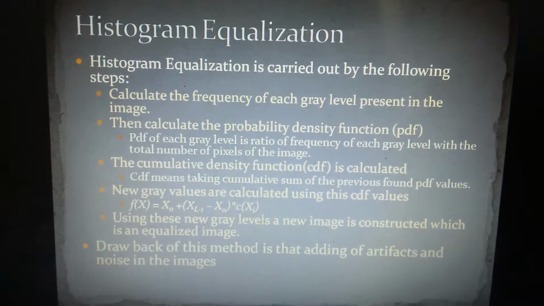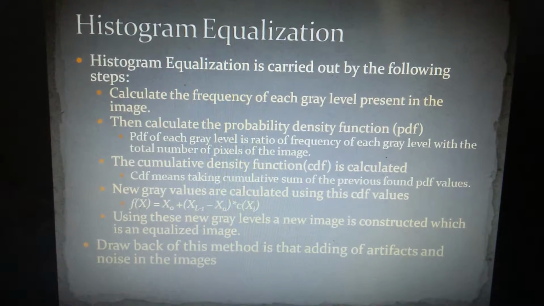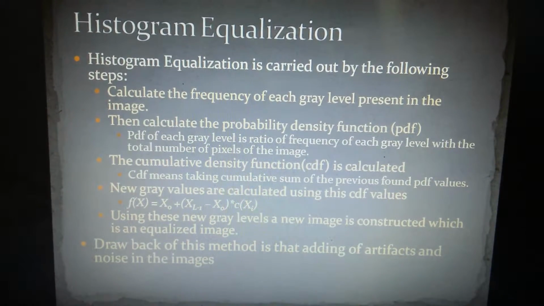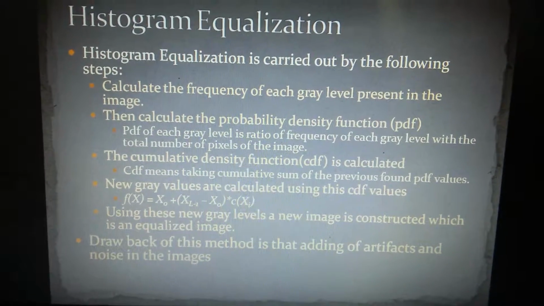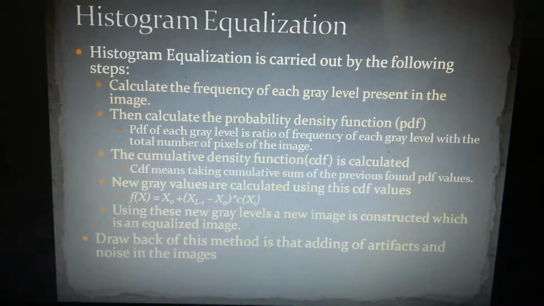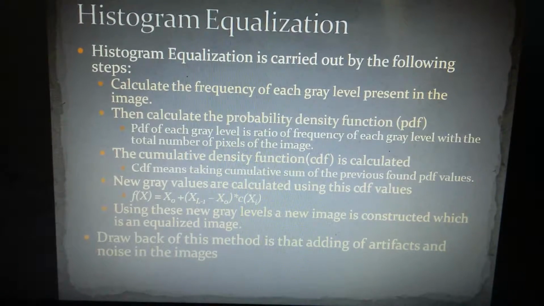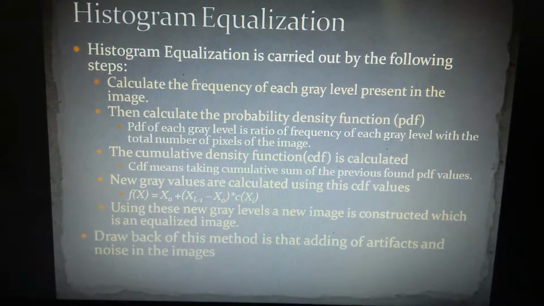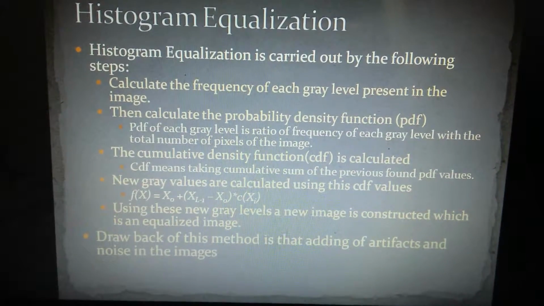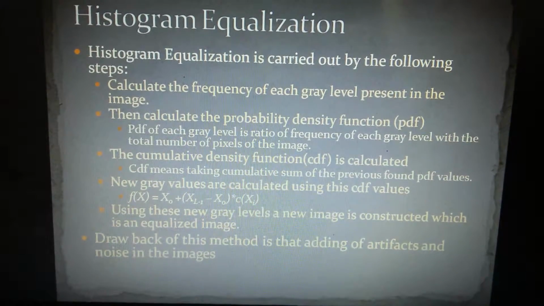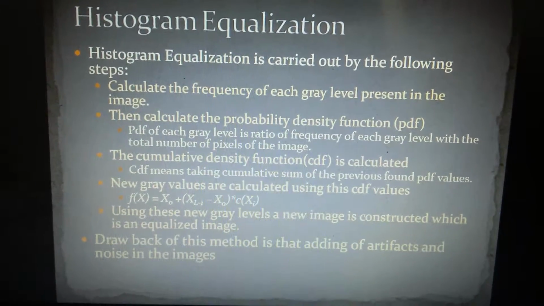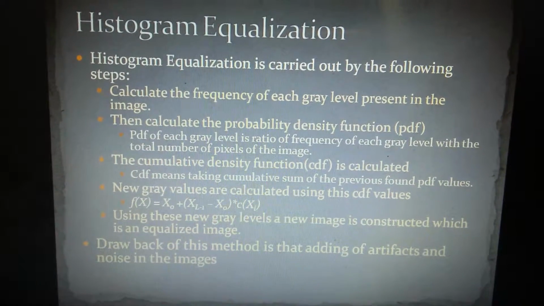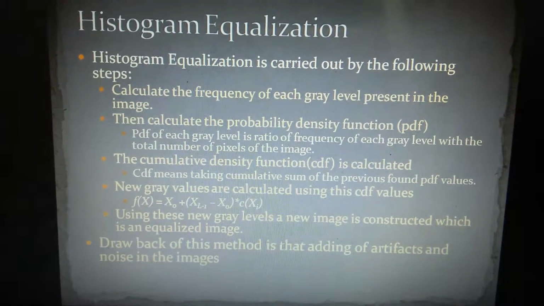The third step consists of calculating the cumulative density function, which is done by taking the cumulative sums of the PDF values. For example, if you are given three numbers 1, 3 and 4 and you are asked to calculate the cumulative density function, then for the first value it is going to be 1, for the second value it's going to be 1 plus 3 equal to 4, and for the third it's going to be 1 plus 3 plus 4 equal to 8.